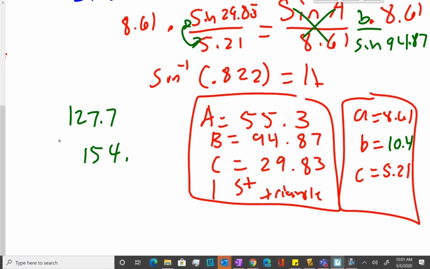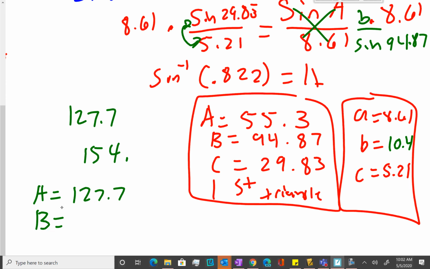So that leaves me room. This angle A is now going to be 127.7.